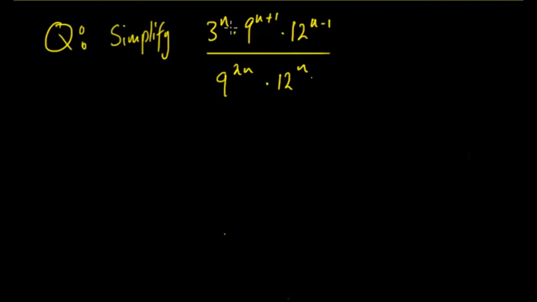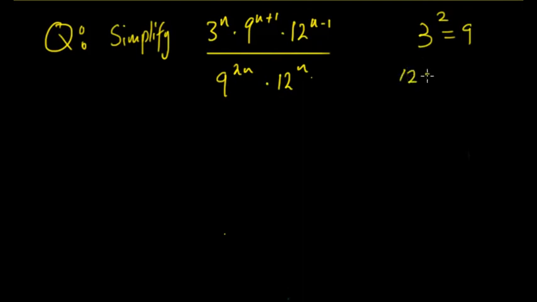So we have 3^n times 9^(n+1) times 12^(n−1), over 9^(2n) times 12^n. Now lots of ways to go about this, but I can see here that there's 9 and 3's, and 9 I know is equal to 3 squared. So if I can get stuff in terms of 3's, then I'll be able to cancel out.